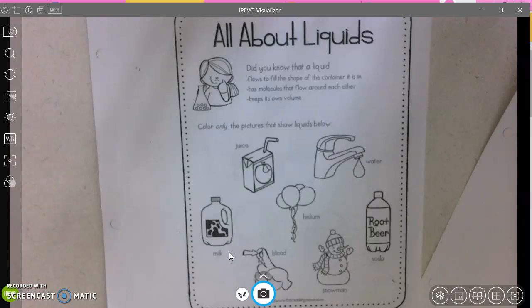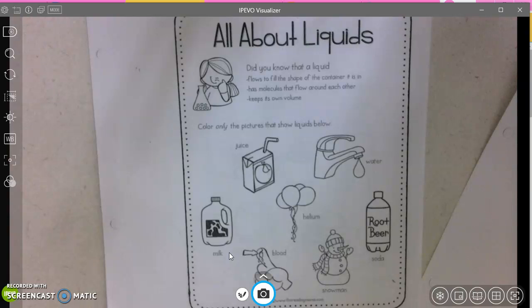So if I have a glass full of water and I pour it onto the counter, it spreads out, but there's no more water there than there was in the glass. It just has a bigger space that it can spread out, so it might look like there's more.